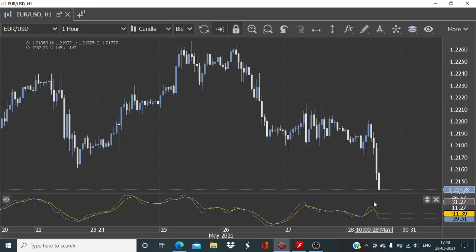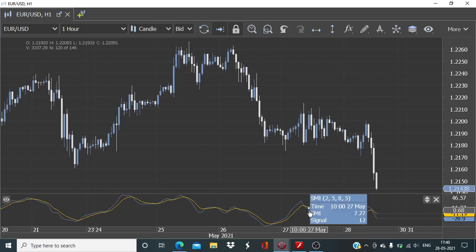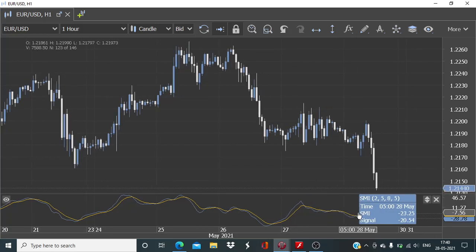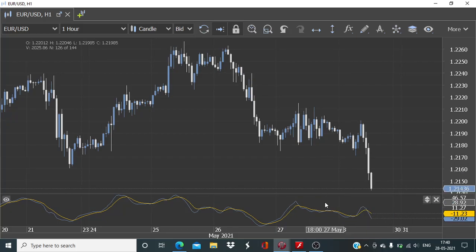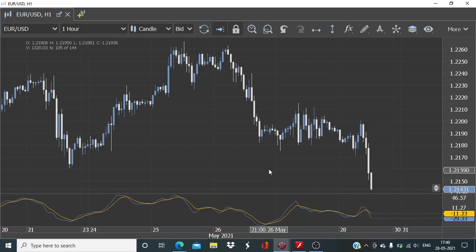So it works both ways, and the idea for the trade setup in today's session is going to be quite simple. We will be utilizing the differentiating marker of 0. If we have the SMI value above 0, that will be considered bullish, and if we have the momentum output value below 0, that will be considered bearish.